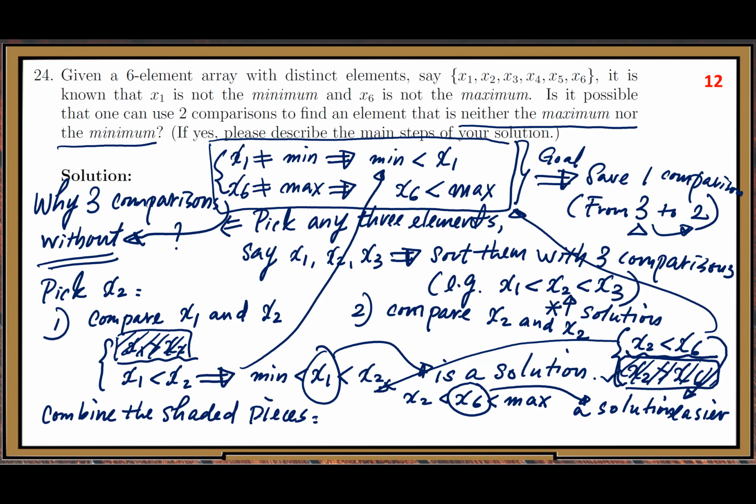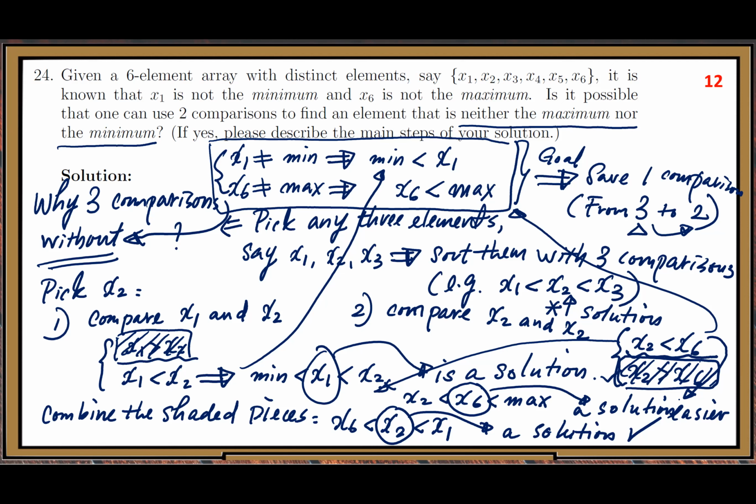So what do you get? You get x6 less than x2, and x2 less than x1, right? Does it tell you that x2 is a solution? Right.